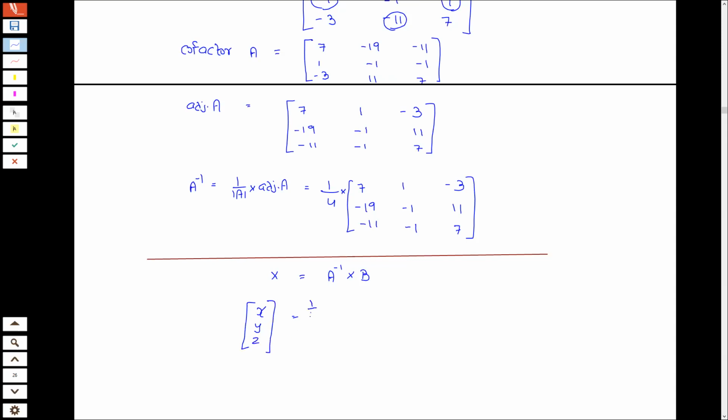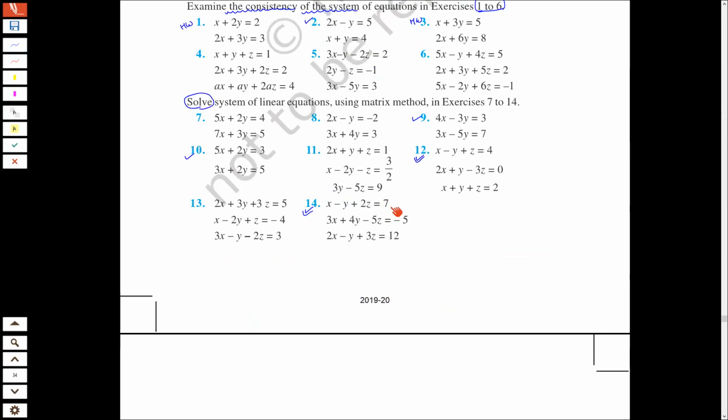A inverse I already know: 1 by 4, 7, 1, minus 3, minus 19, minus 1, 11, minus 11, minus 1 and 7, into matrix B. So matrix B is the right hand side, 7, minus 5 and 12.